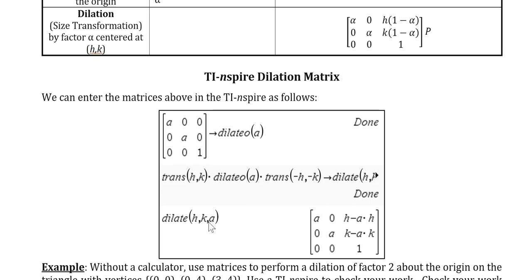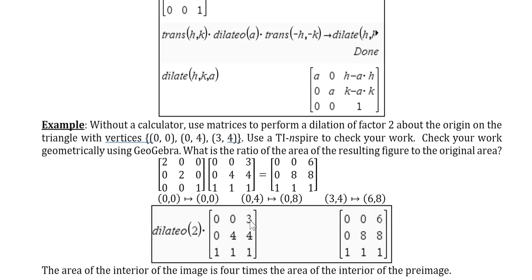It'll say done, and now if you pull up that command and just put in h, k, A, you'll get this right here, which is equivalent to what we have up here. I just factored it out. Okay, and so that's how we get a general dilation.